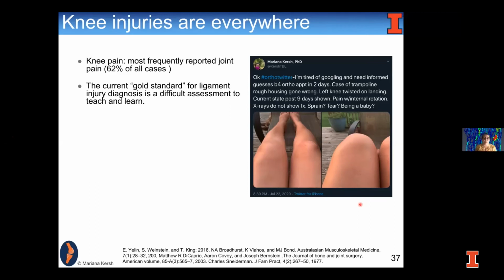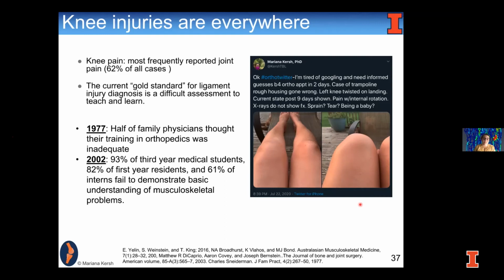And some of the scary numbers here are that half of the family physicians, this is from a study in 1977, thought the training in orthopedics was inadequate. More recently, there's been demonstration that third-year medical students, and then by the time you get to internship, 61% fail to demonstrate basic understanding of musculoskeletal problems.